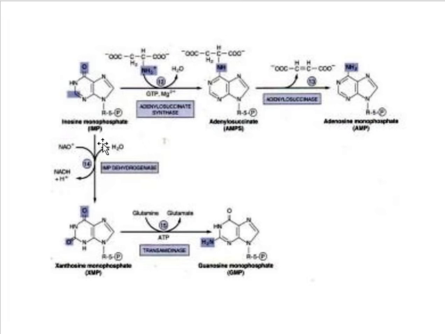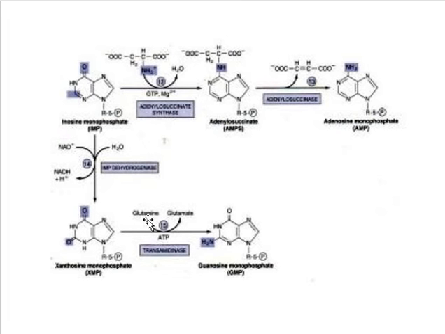Now for the synthesis of GMP, this IMP, inosine monophosphate, undergoes dehydrogenation and is converted to xanthosine monophosphate. This reaction is catalyzed by the enzyme IMP dehydrogenase, and the coenzyme of this IMP dehydrogenase is the NAD. Then in the second step, this xanthosine monophosphate reacts with glutamine.